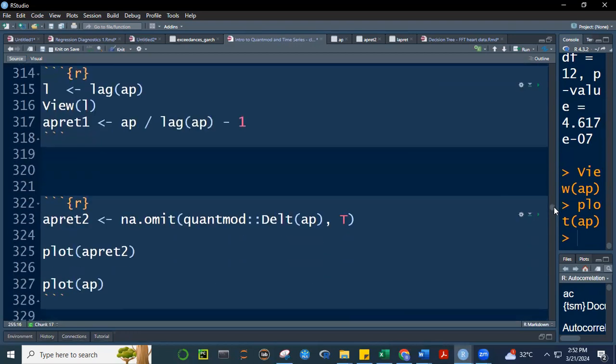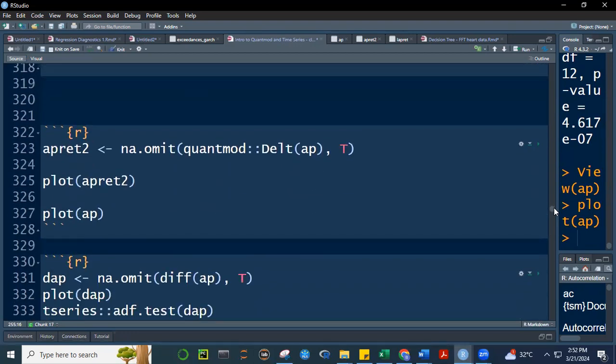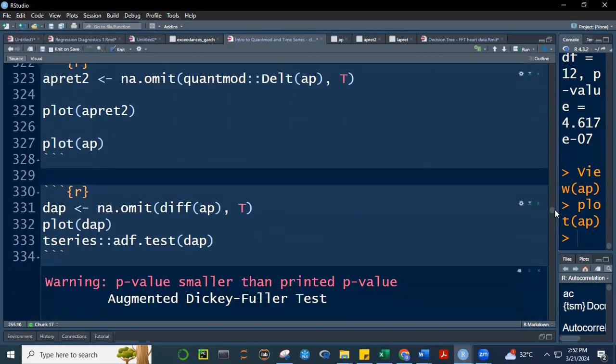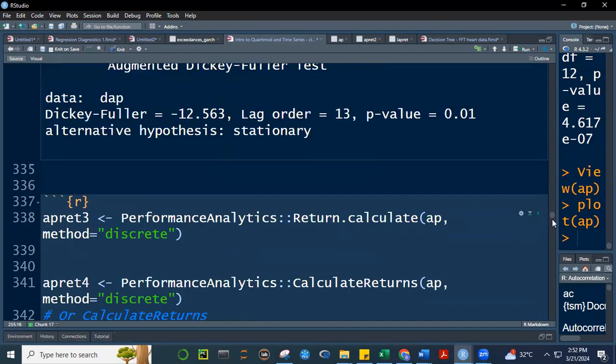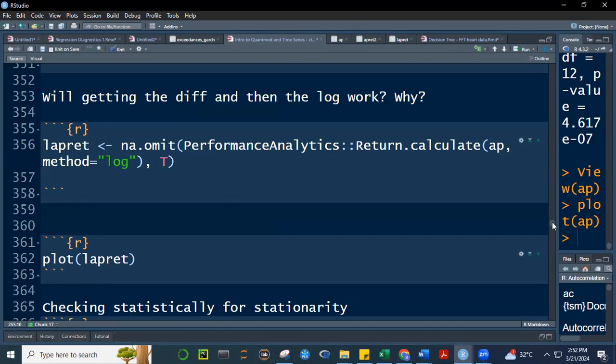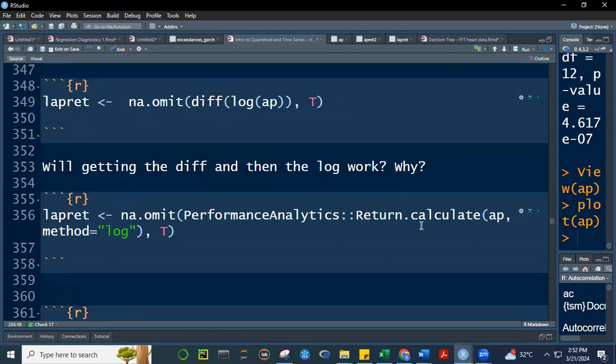Now, in modeling financial time series, what we're interested in usually is the returns of our data. So what we did was to use Return.calculate. We created this object LAPRET, because this is just a name.